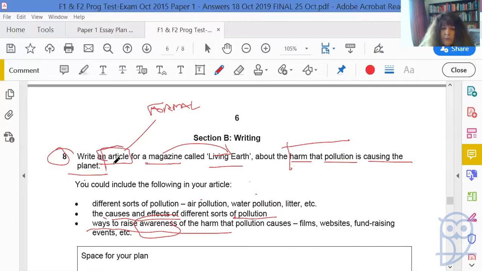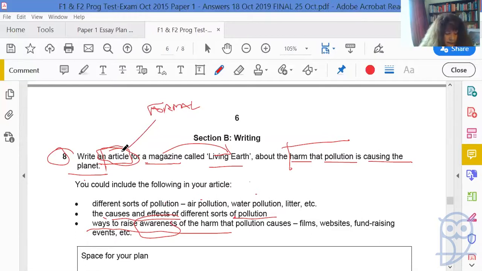Okay, so what would you write in an article? You would need things like a stand first. Well, that's after you decide on a title, of course. There must be a title. Then you're going to have a stand first, which is really just like a little factual summary of what you're going to be writing.